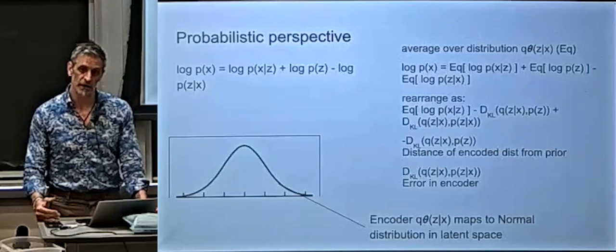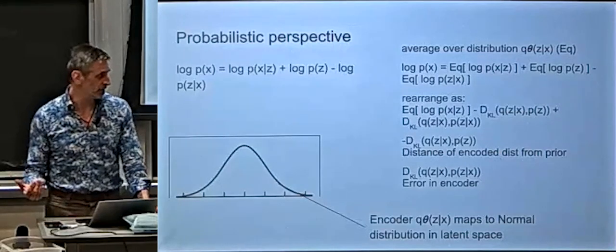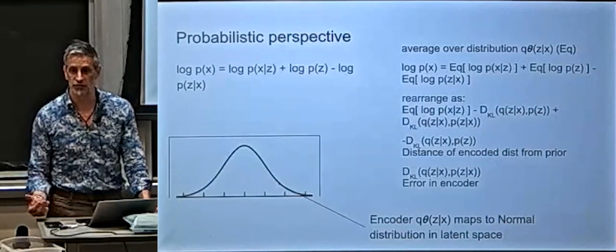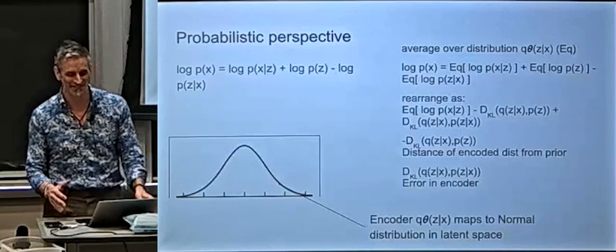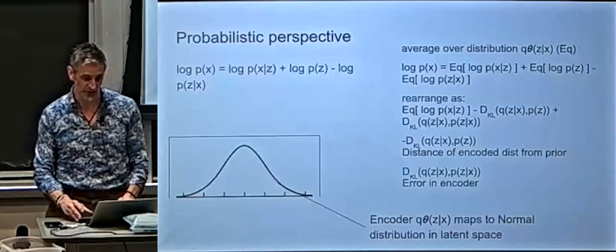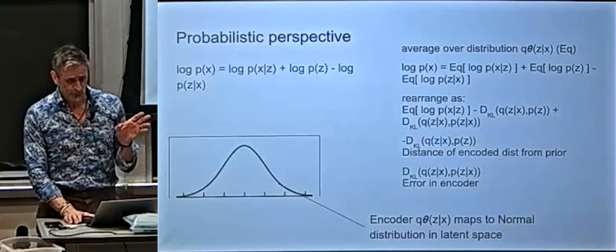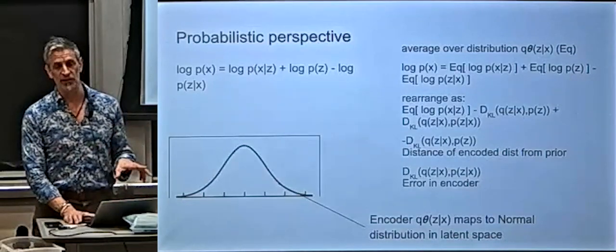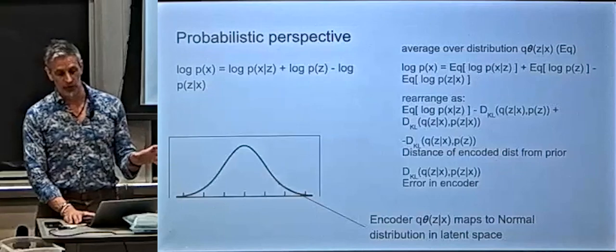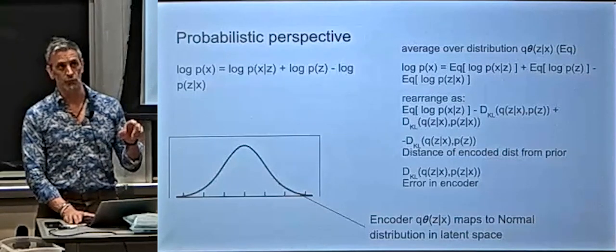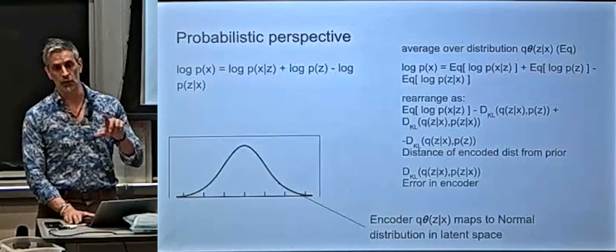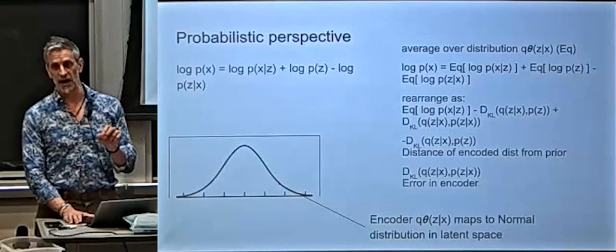The trick that I'm going to do here, and I'm not going to work out the algebra because I'd probably get it wrong, and you can just look it up. It's really just algebra. I'm going to take an average over my encoder, so Q of Z given X.